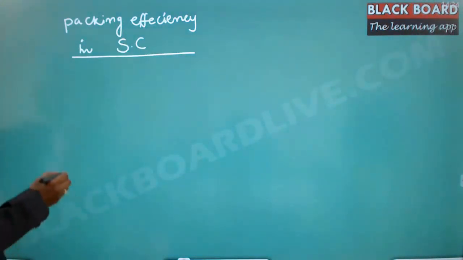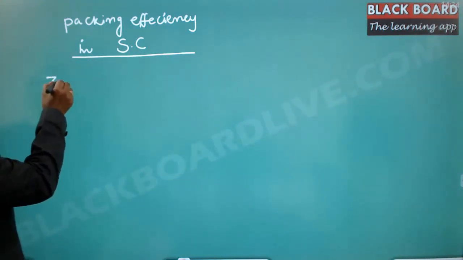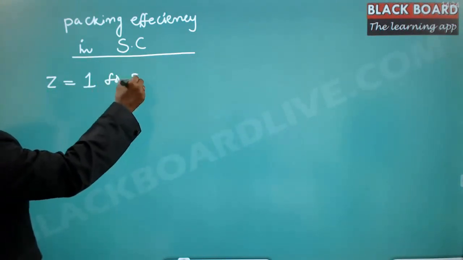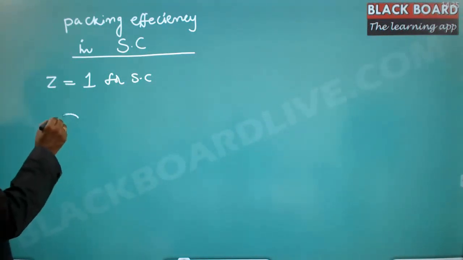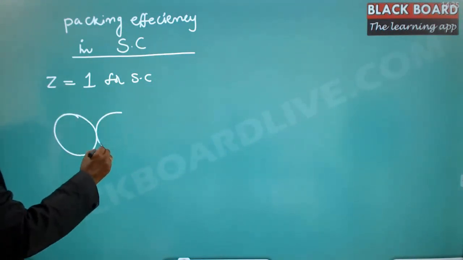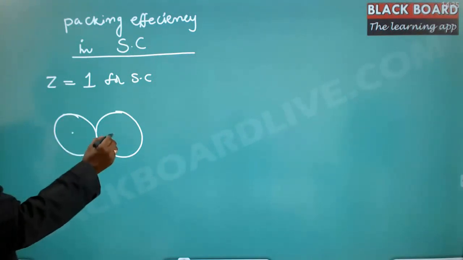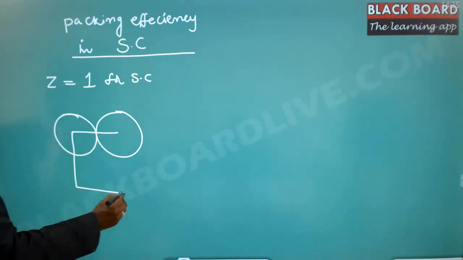We know that the number of atoms in the simple cube, Z, is equal to 1 for simple cube. If simple cube is considered, this is 1 atom, this is another atom. It is its center. It is its center. Combine these 2 centers. Draw like a cube.